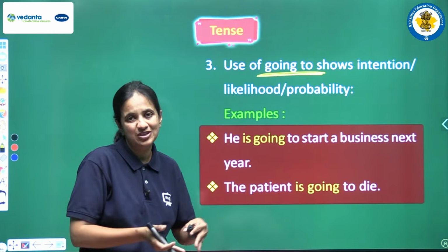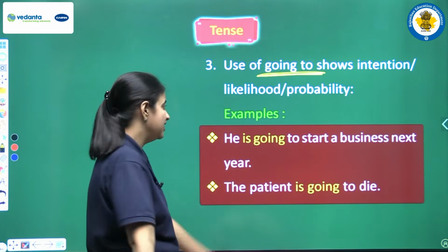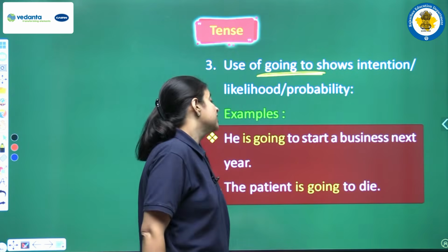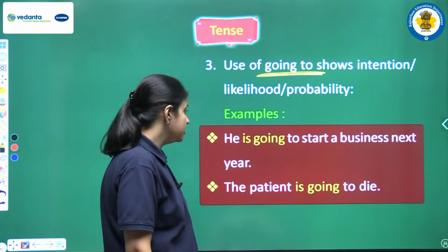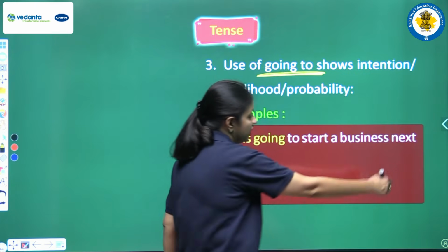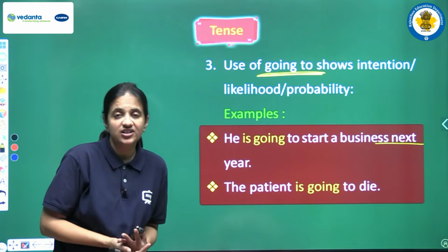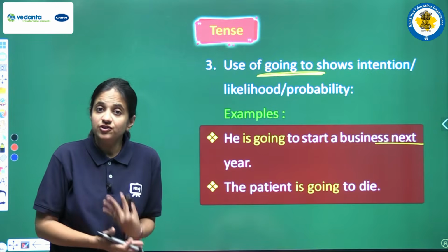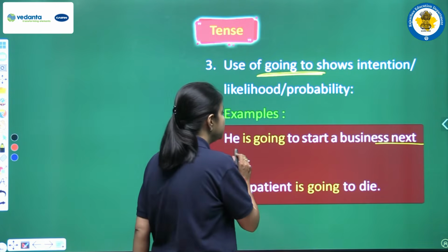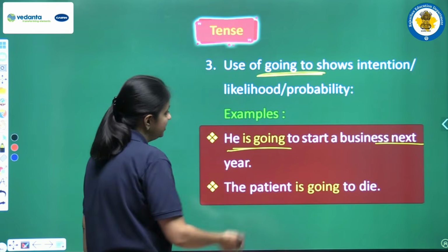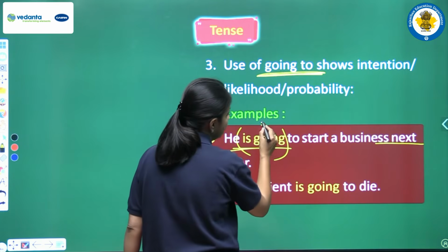So again we are having some examples to clear this thing. So let's see the first one. He is going to start a business next year. So we are having again the word next, this is the indication that we are talking about the future time, but we are using is going here. So we can say that is going means will.